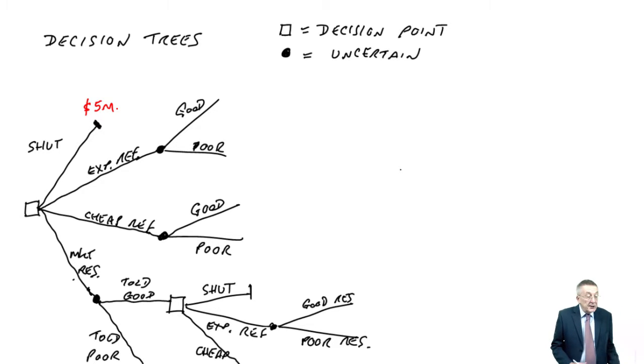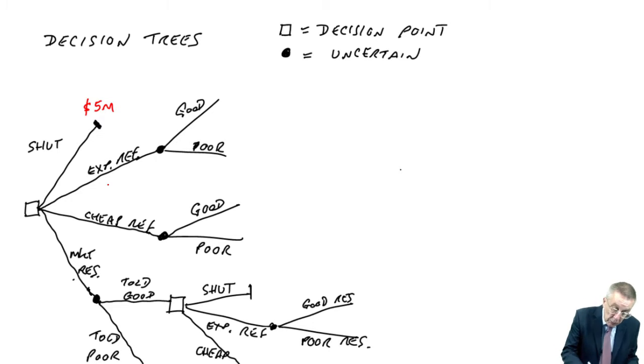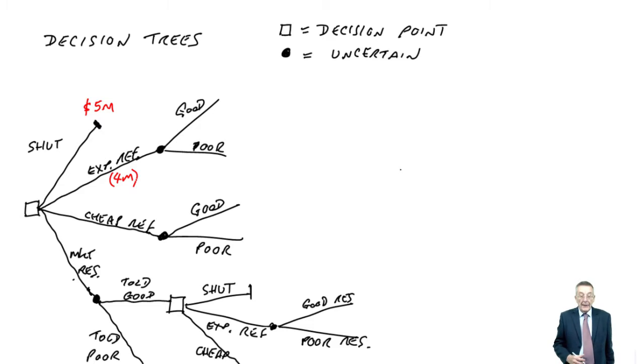And what happens if we decide to do the expensive refurbishment? Well, first of all, whatever happens, we'll have to pay out 4 million. I'll stop putting the dollar sign, I haven't much room. And then one of two things will happen. Either, if you jump down below to C, a good result will give us 13.5 million.